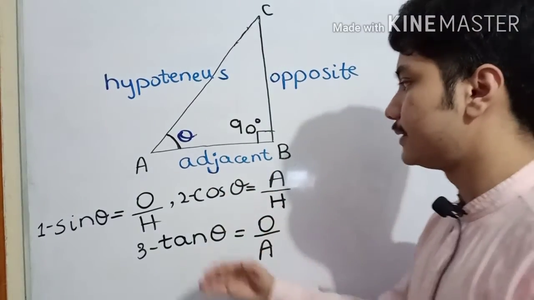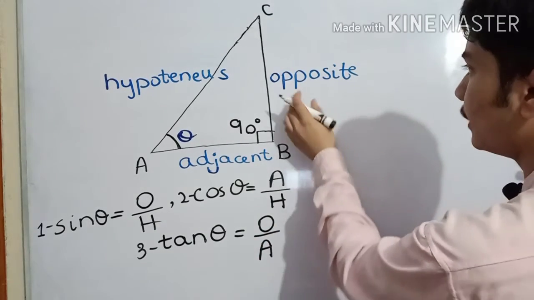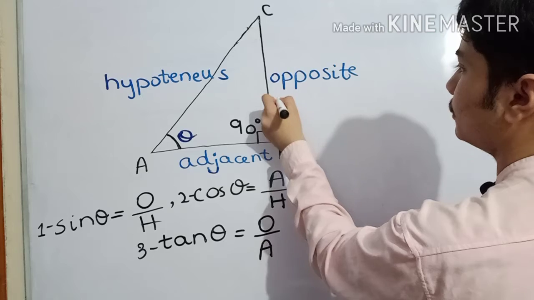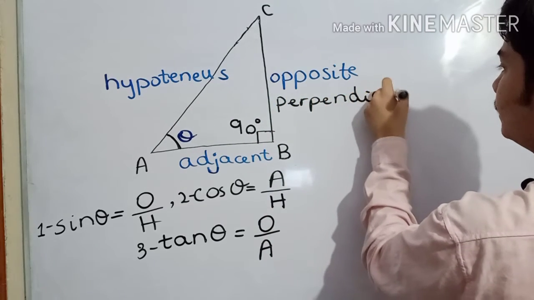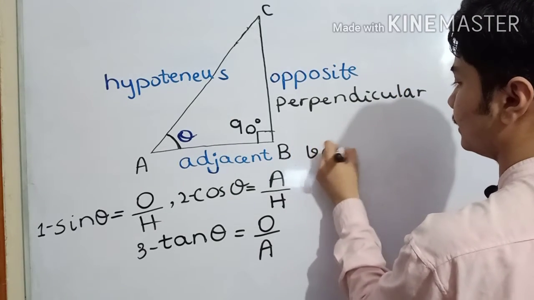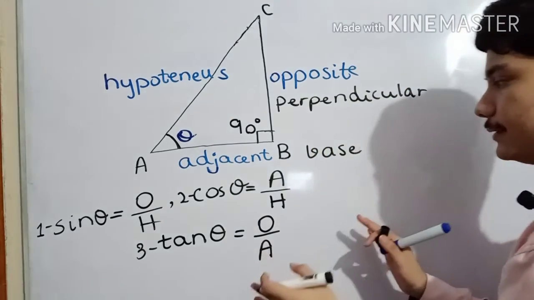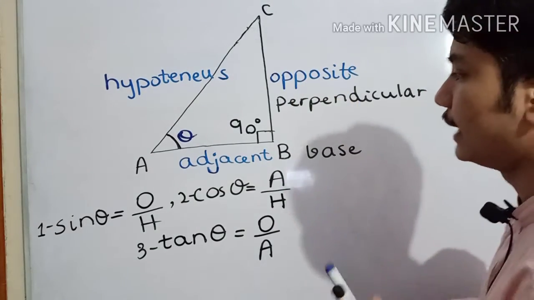By the way, sometimes people call opposite as perpendicular, and instead of adjacent they call it base. It doesn't matter whether you call it opposite or perpendicular, adjacent or base.